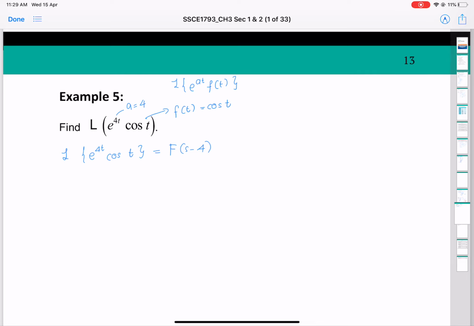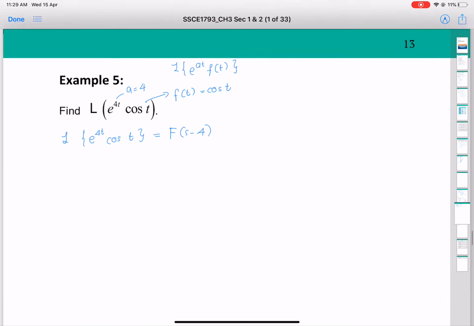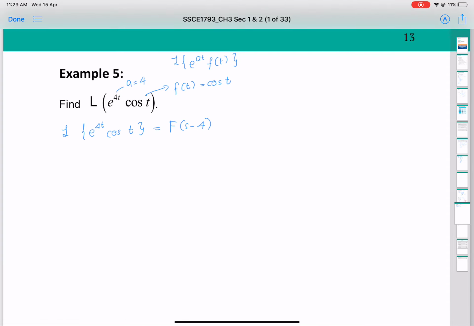So to get fs minus 4, we must know what fs is. So fs is equal to Laplace of ft, where your ft is equal to cos t. So by the table, you know that the Laplace transform of cos t is s over s square plus a square.